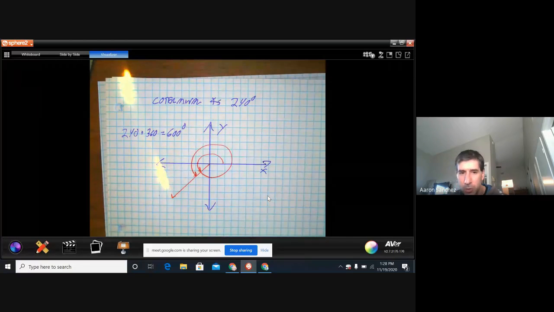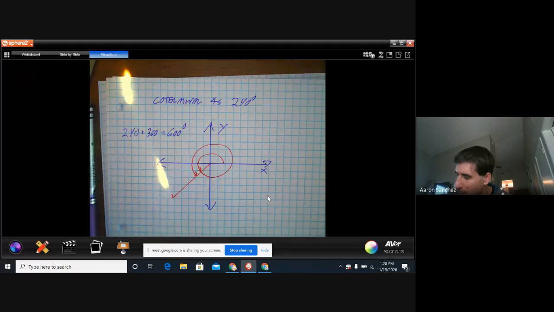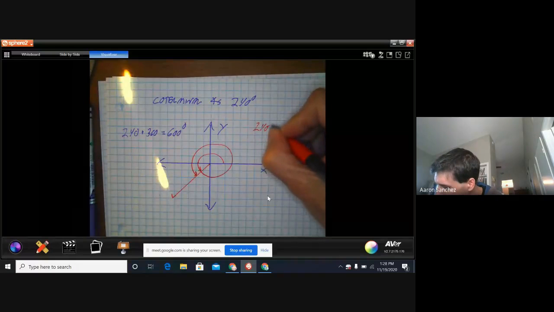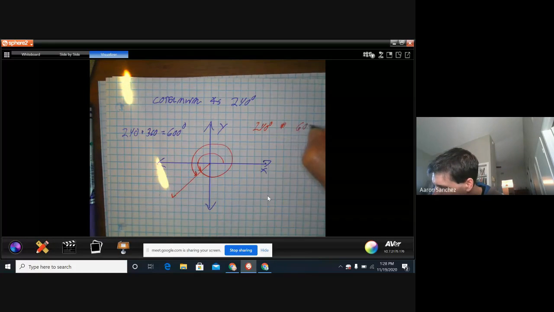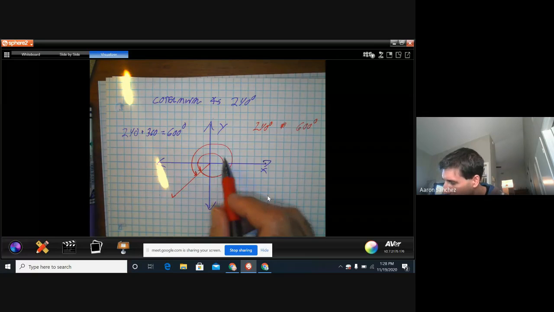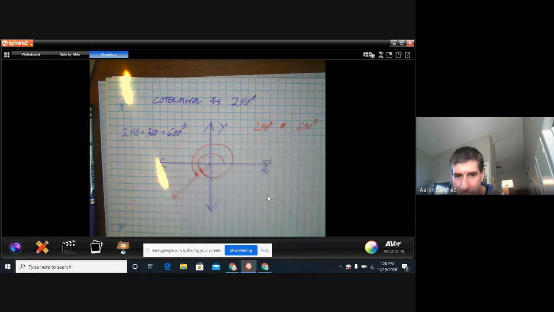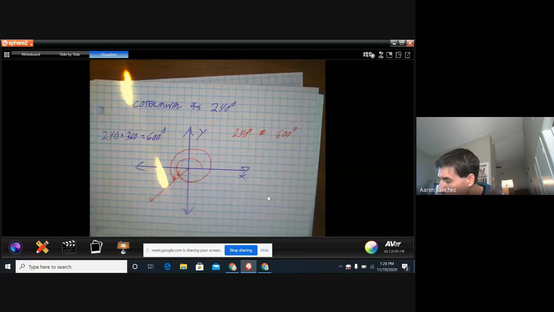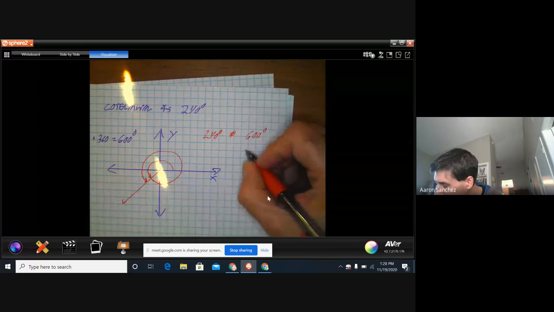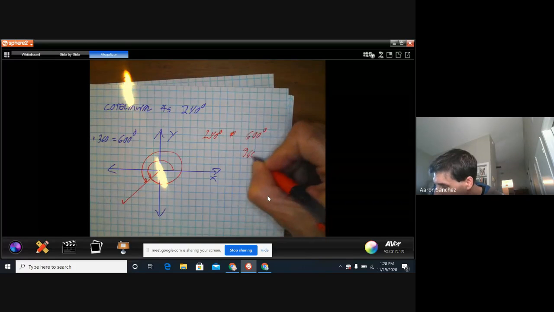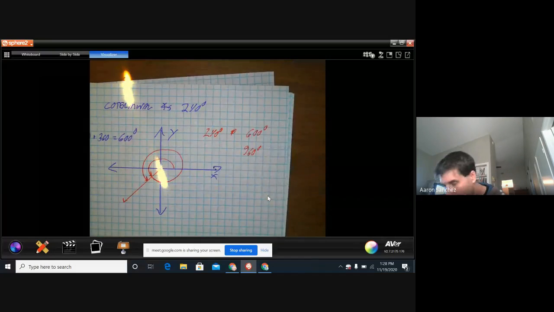So coterminal angles would be 240 degrees and 600 degrees. Those are coterminal because you have one here and one there. You can add another 360, and 960 degrees is another coterminal angle. You can spin around again.